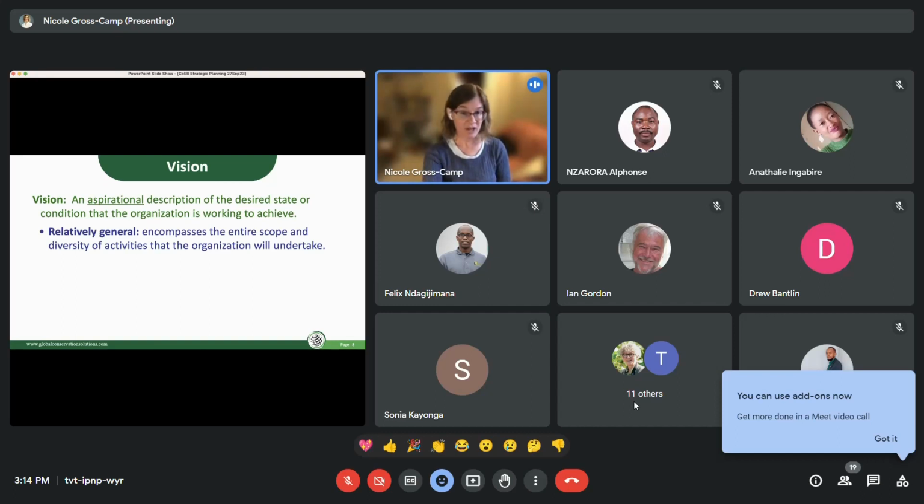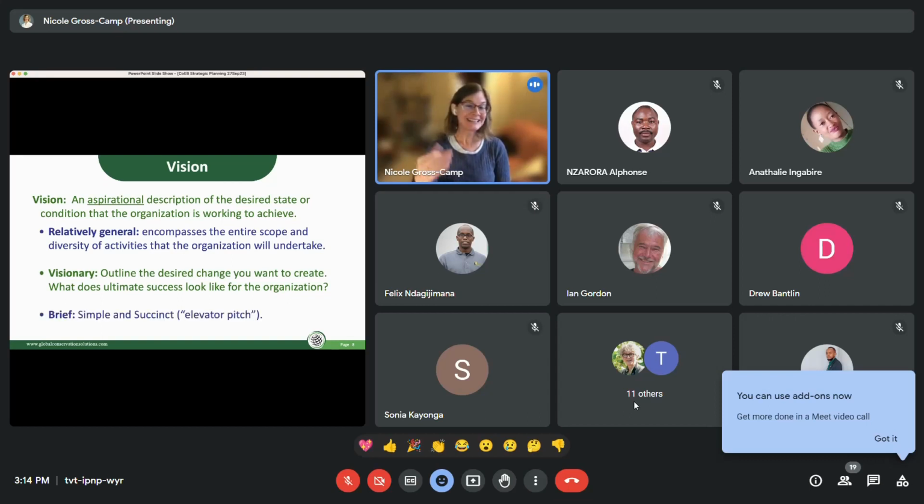It should be relatively general, visionary. What is the world you want to create? And simple and succinct. I describe this as an elevator pitch, right? You've got 1 minute, maybe 30 seconds, to describe what your organization is aspiring to achieve. So it needs to be simple and succinct.